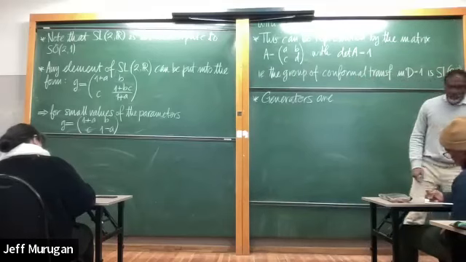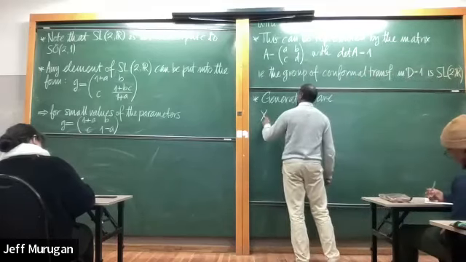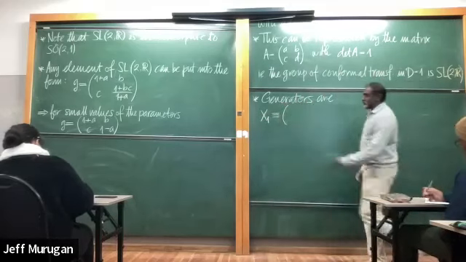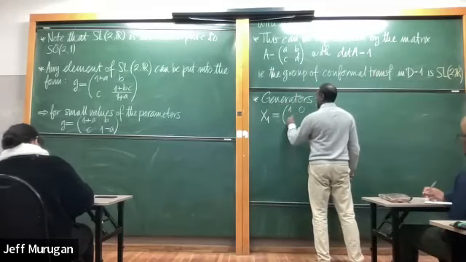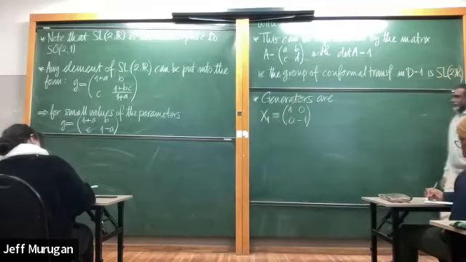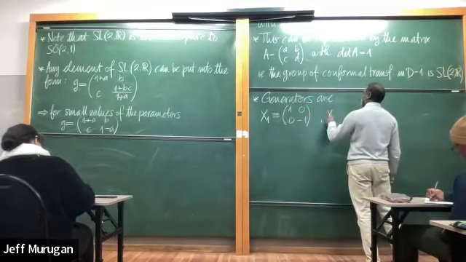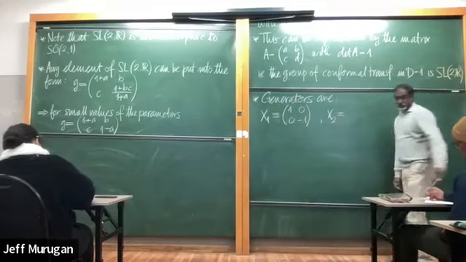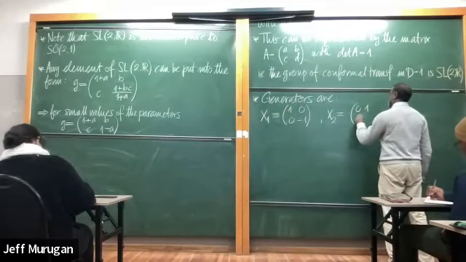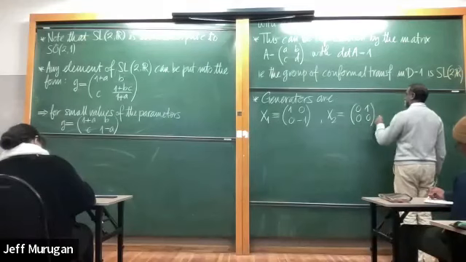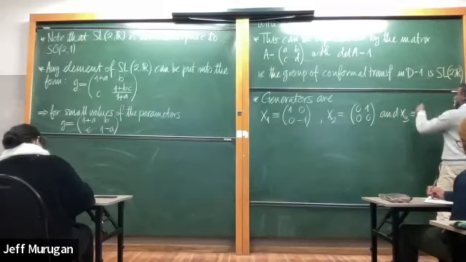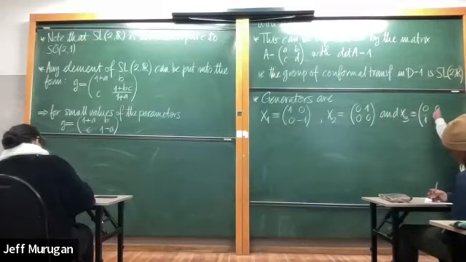In this case, our matrices are X1, which is going to be the matrix (1, 0; 0, minus 1), X2, which is the matrix (0, 1; 0, 0), and X3, which is the matrix (0, 0; 1, 0).